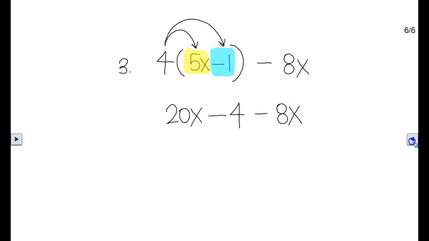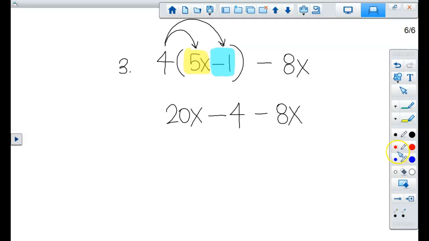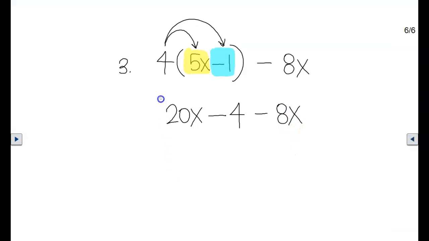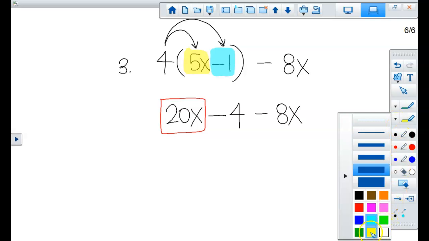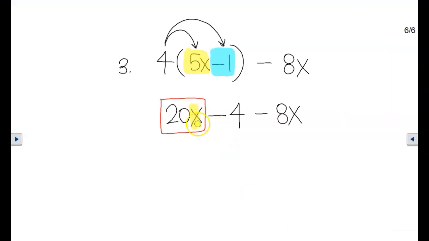Now, step 2 is to combine like terms if necessary. Notice that right now I currently have 1, 2, 3 terms. So I'm going to combine the ones that are alike. So take a look at your first term. Notice that he has a last name of x. Just x.